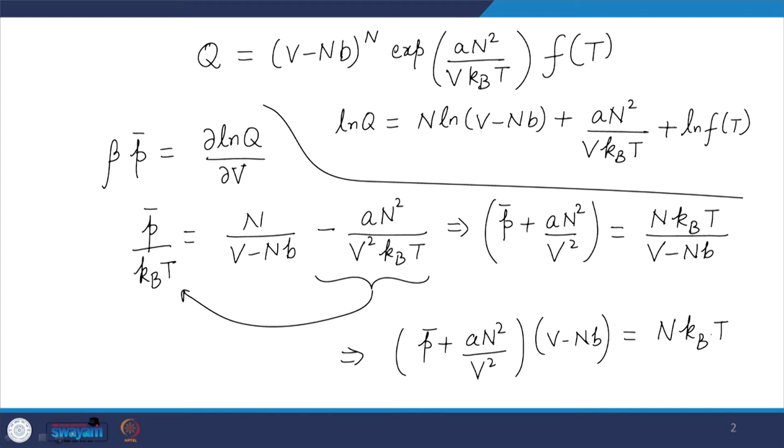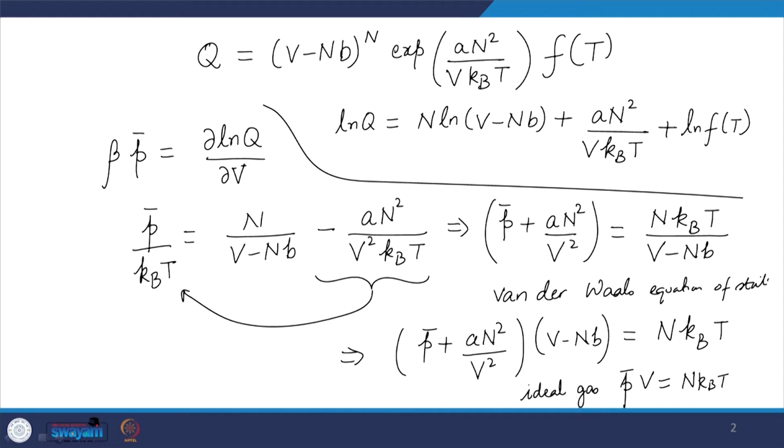So, if I compare with an ideal gas model, for an ideal gas it was P bar V is equal to n kBT, and this dense gas is represented using the van der Waals equation of state. If I compare these two, you see that the right hand side is the same, but on the left hand side we have some correction to the pressure and some correction to the volume, and the correction to volume is coming because now we attribute some size to the particles.